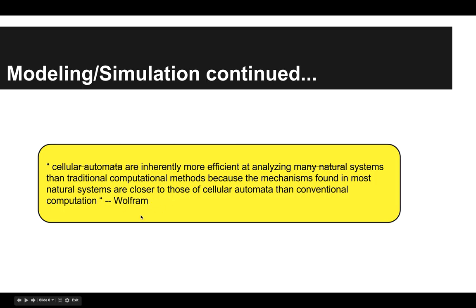Wolfram points out a very similar concept. Cellular automata are inherently more efficient at analyzing many natural systems than traditional computational methods, because the mechanisms found in most natural systems are closer to those of cellular automata than conventional computation.